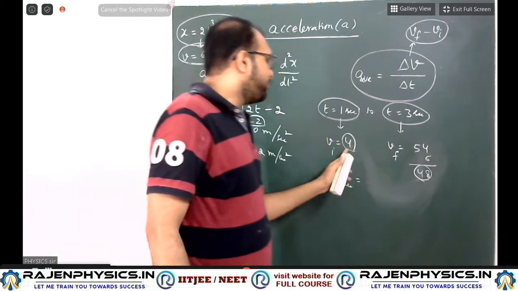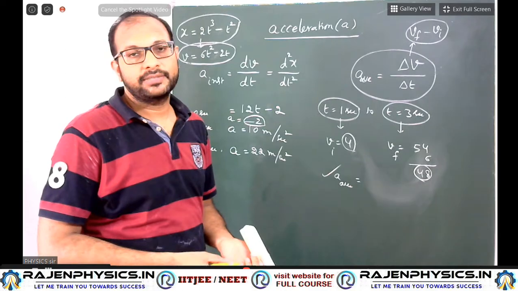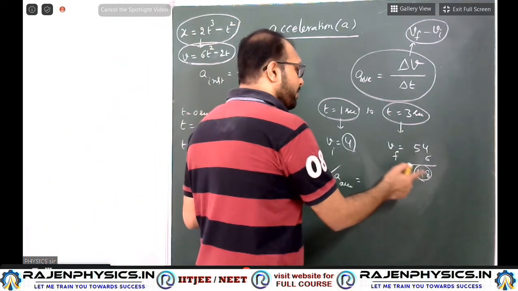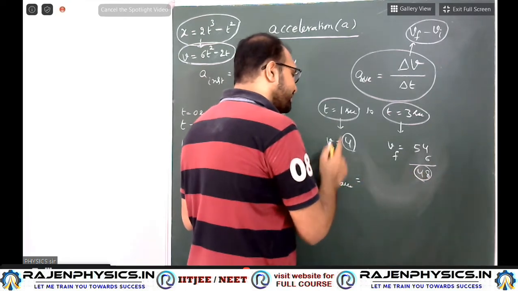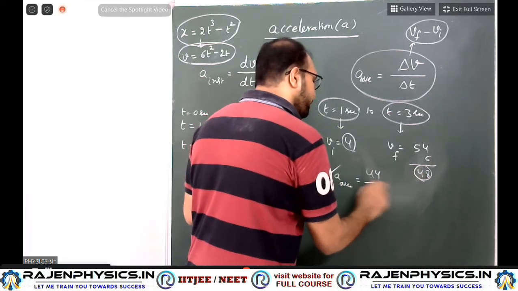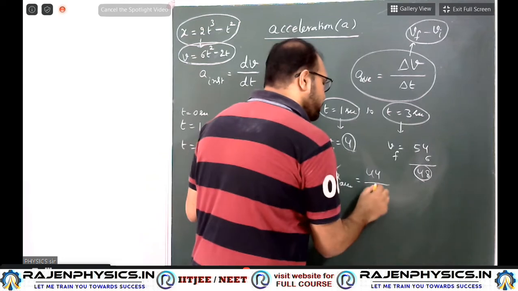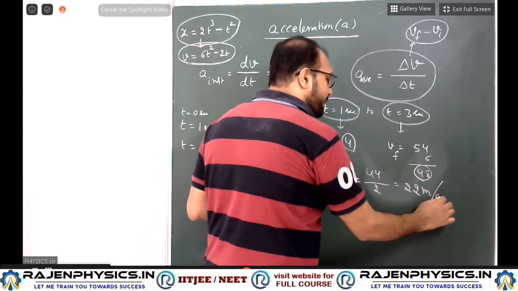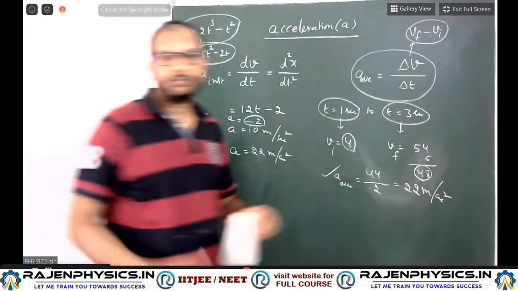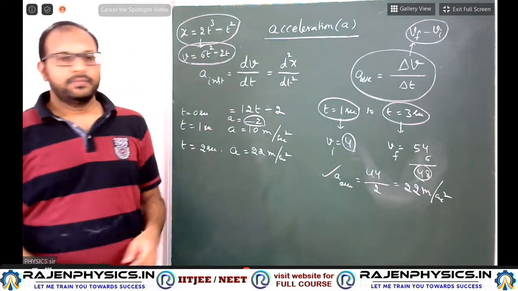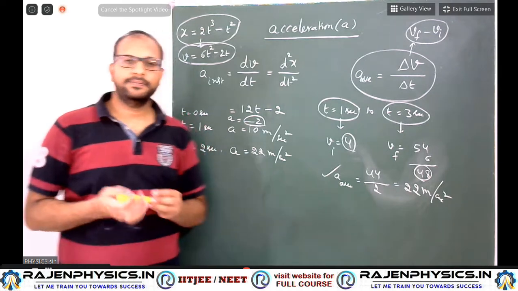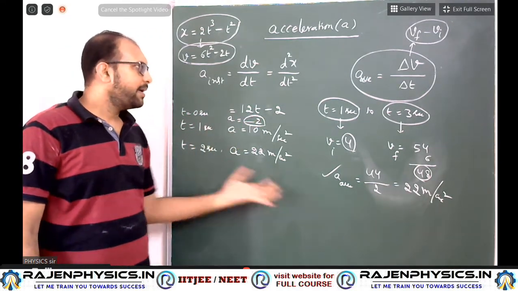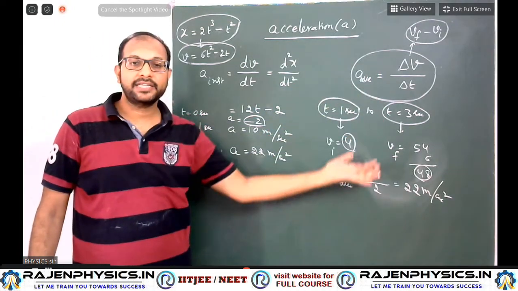So 4 to 48 is the change. Average acceleration is final 48 minus initial 4, that is 44, divided by time 2. So this is 22 meter per second square. So students, this is instantaneous acceleration and average acceleration determination.